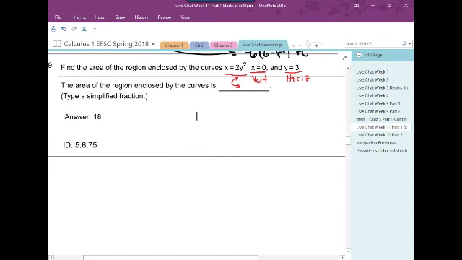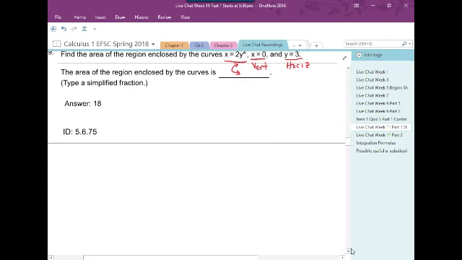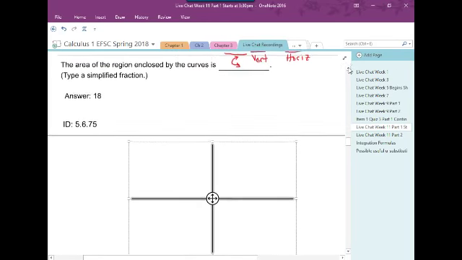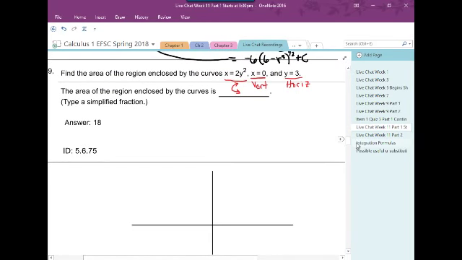All right, so you get a nice XY coordinate system going here. So x equals 0 is the y-axis.